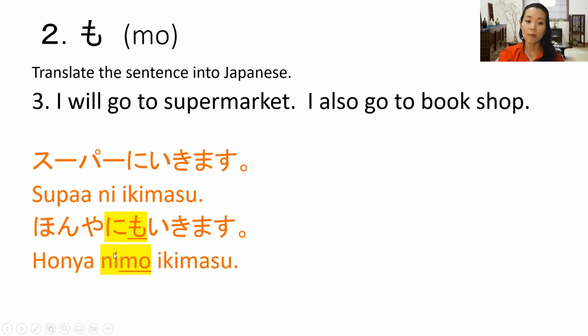It's okay to have に here with も, or you can also simply say 本屋も行きます。It also makes sense. Both are okay because this に indicates the destination, and this も indicates the meaning "also". So you can say にも or just も行きます。Let's practice those two sentences' pronunciation.